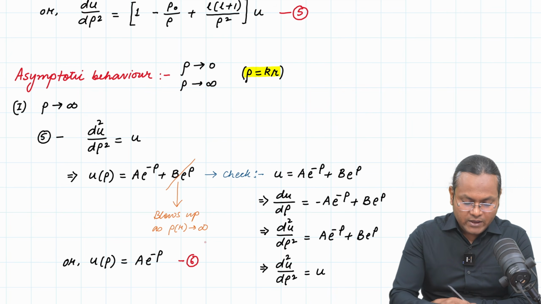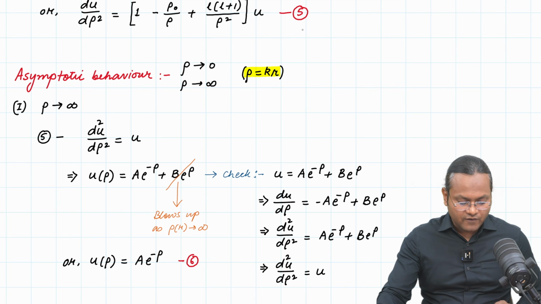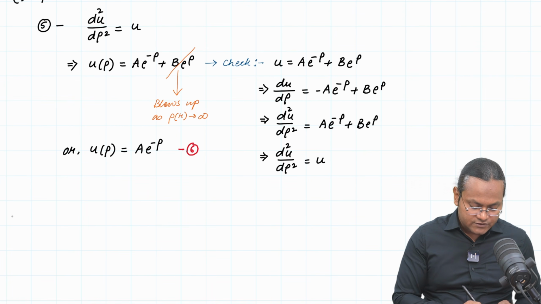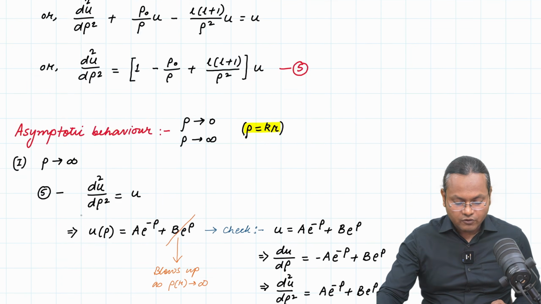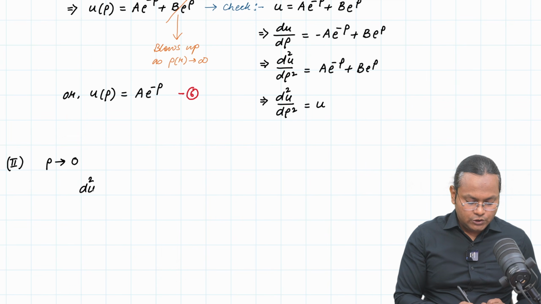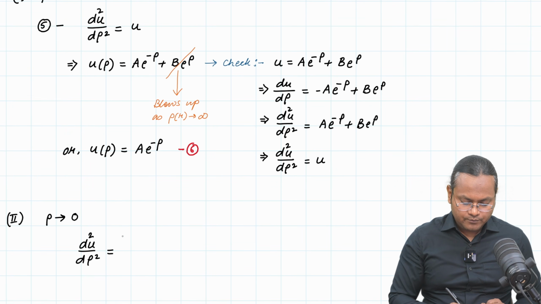Now that we have got an idea about the nature of the solution for very large values of r, let's look at the nature of the solution for very small values of r. For very small values of r, you should get something that looks like d2u upon d rho 2 is equal to l into l plus 1 upon rho square, times u.